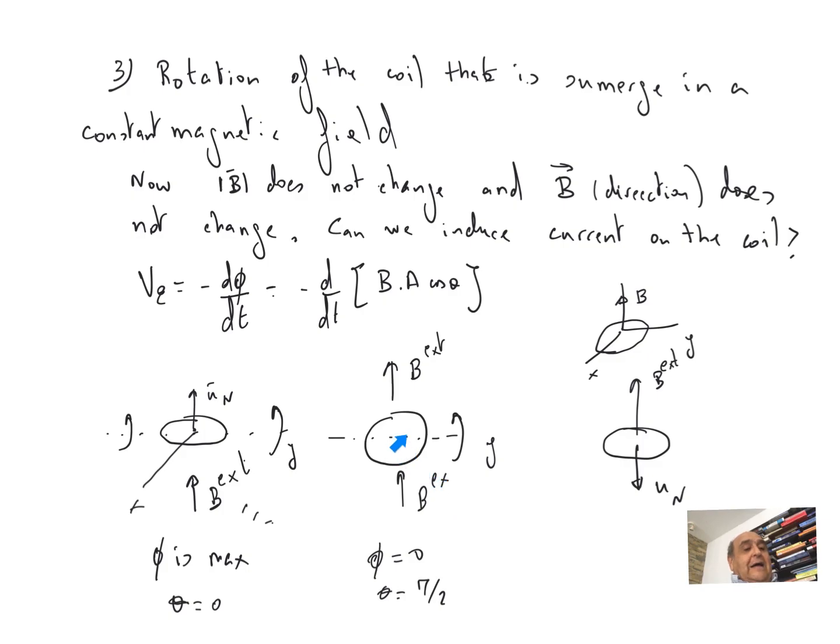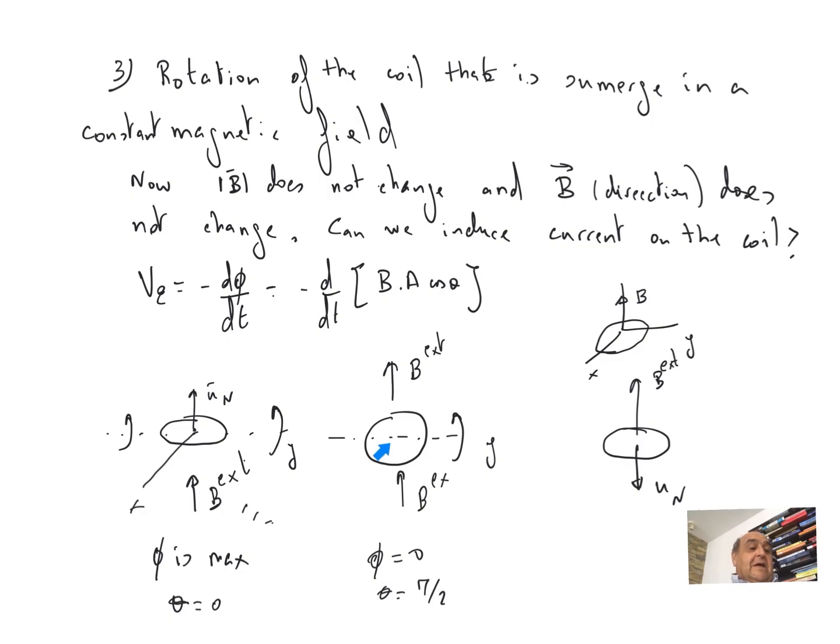So the angle between B and u sub n is pi over 2. In this picture, u sub n is pointing out in the x direction, going toward your eyes.